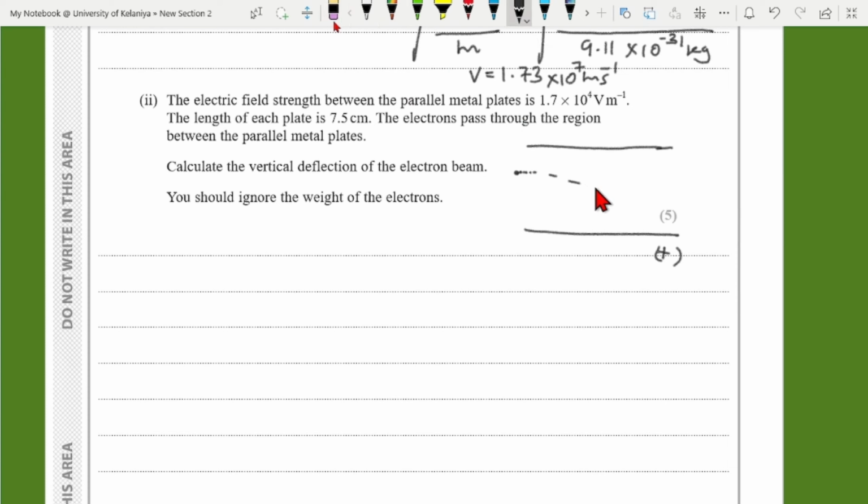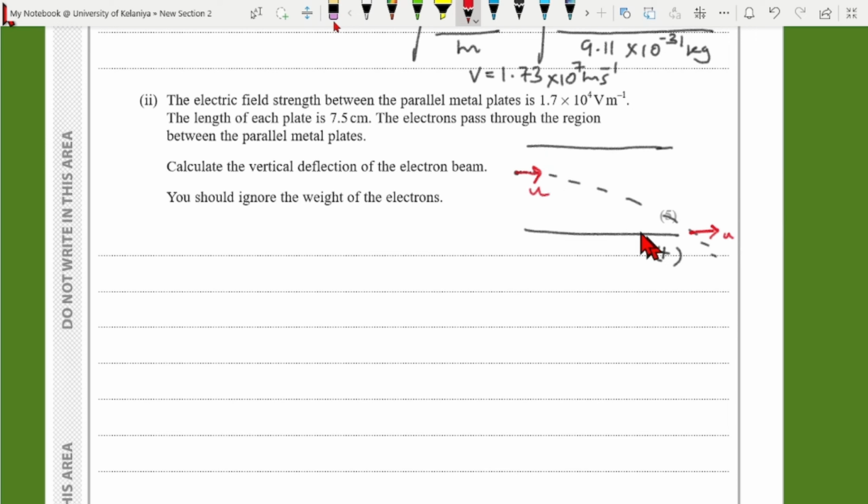It's very simple. All you need is the knowledge about projectile motion. Why? I will tell you. The electron will have some constant speed throughout this journey along the horizontal axis. If we say it is u for the sake of argument, that will be u.